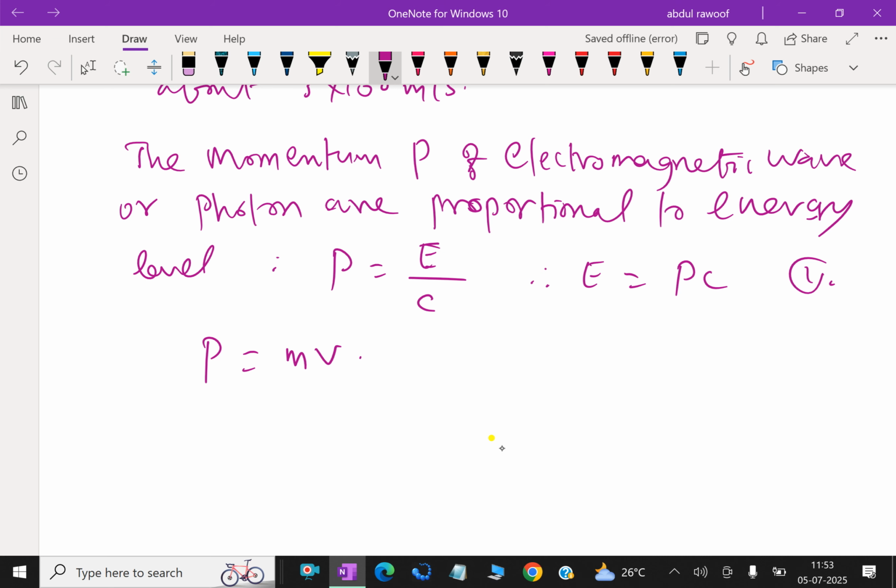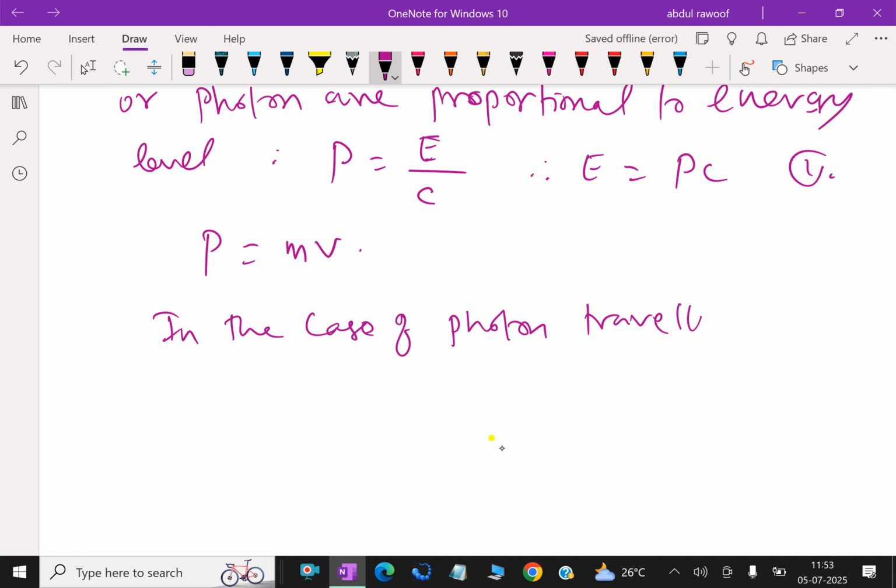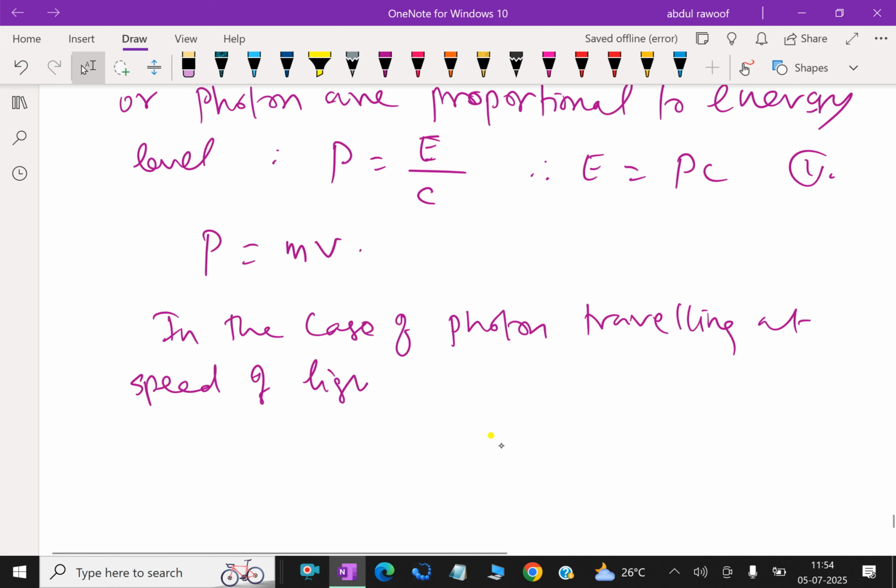In the case of a photon traveling at the speed of light, v equals c. That is, velocity is the light speed.